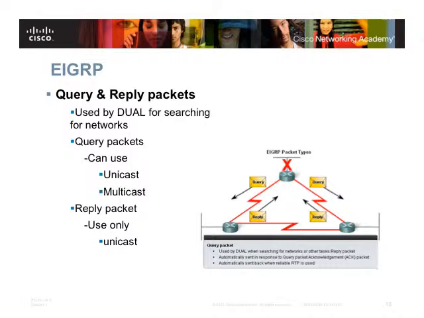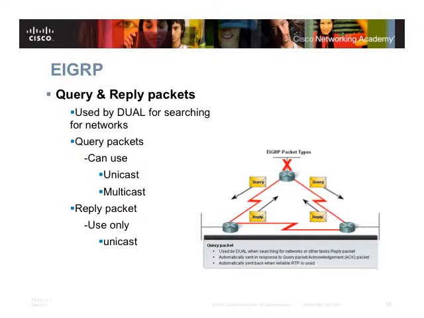Okay. The third message is a little bit tricky now. It's called query reply. That's why we have 4 operation codes. We have one for hello, one for update, one for query, and one for reply. Those query and reply are 2 independent messages.